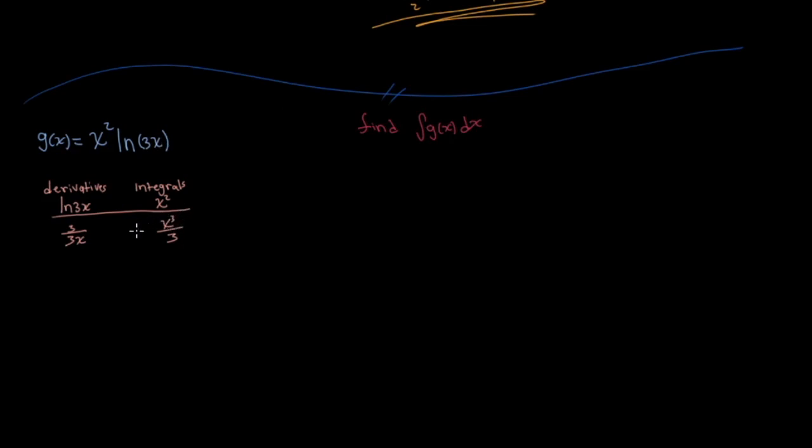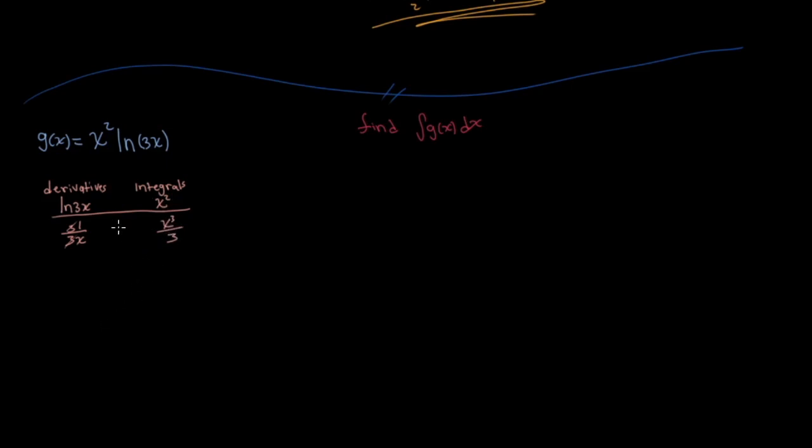Again, as before, we're going to have our table, with our derivatives on this side, which include the ln function, and our integrals on this side, which involve the polynomial. The derivative of ln 3x is 3 over 3x, and in this case the 3s just cancel out, so it'll just be 1 over x. And then the integral of x squared is x to the power of 3 over 3.